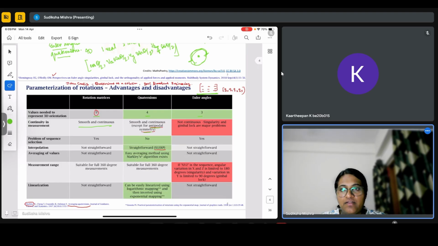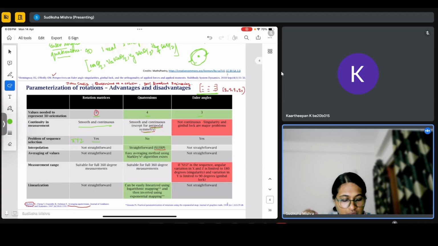of the middle ring is 90 degrees, you lose out on degrees of freedom. In the case of rotation matrices, you need to know the sequence of selection, whether it's XYZ, XZX, what is the sequence.